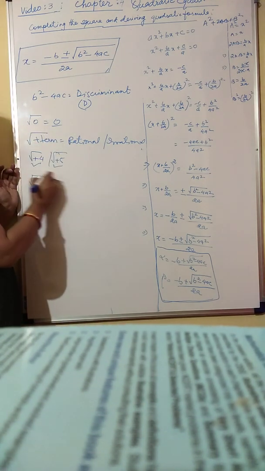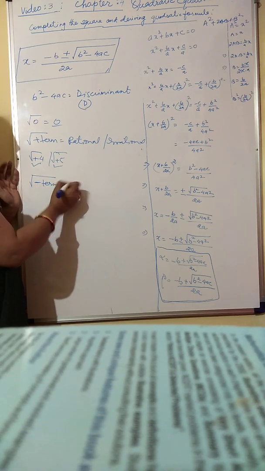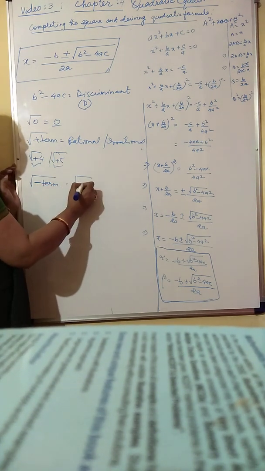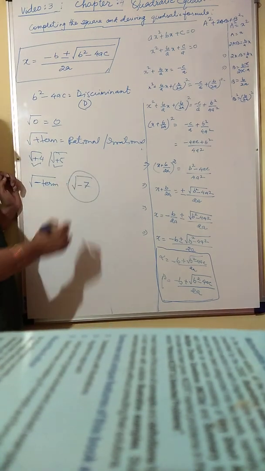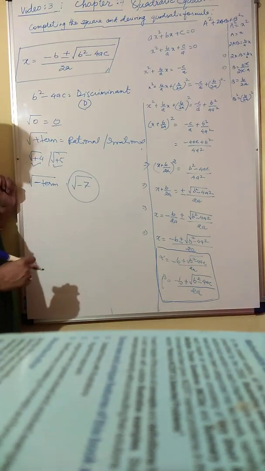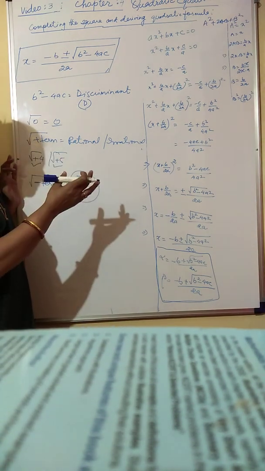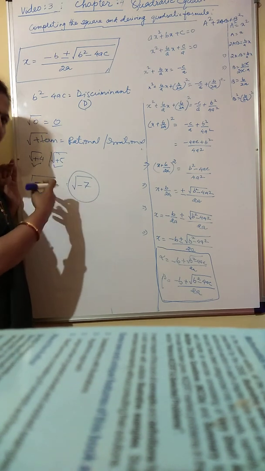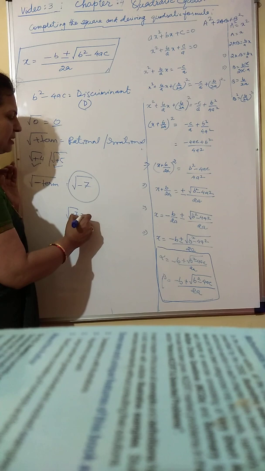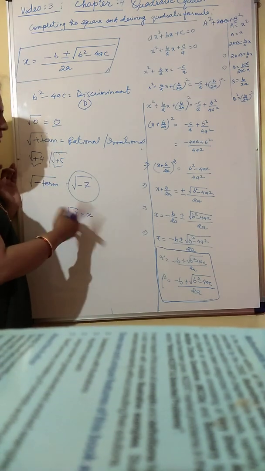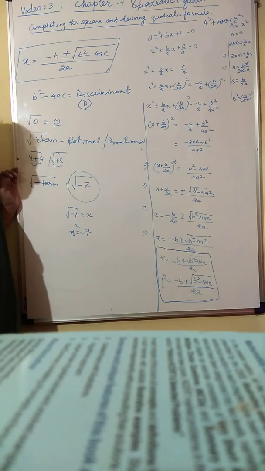And then there is also a third thing which is under the root negative term. For example, say under the root minus 7. Now have we come across such number as under the root minus 7? Under the root of negative term will never exist. Why it doesn't exist? Because suppose if I say under the root of minus 7 is equal to x, when you square it, you get x square equal to minus 7.